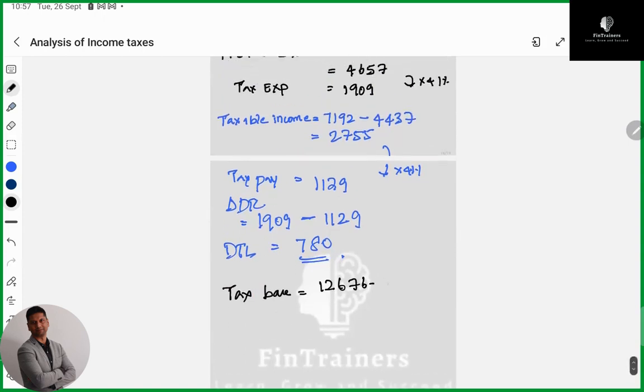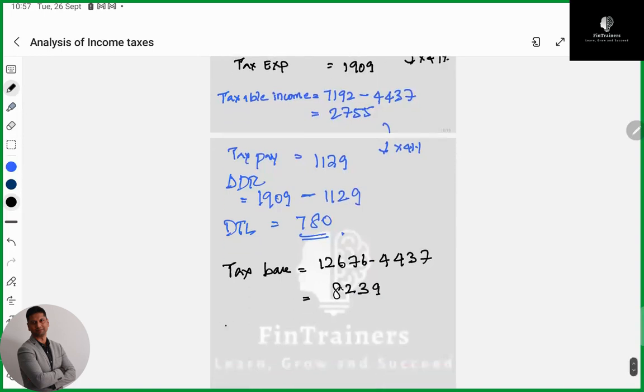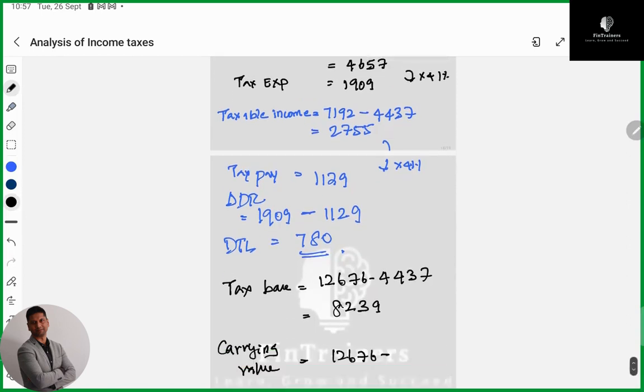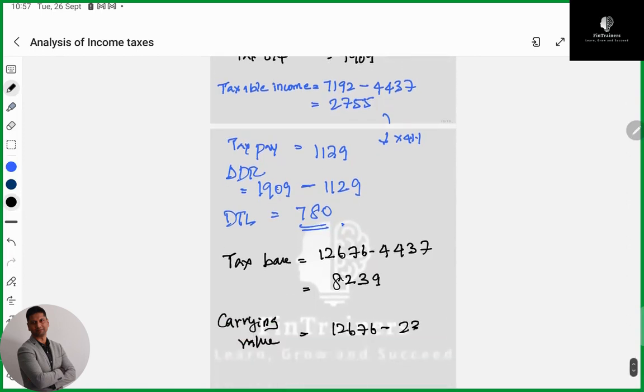We said that is 4437 as the depreciation. So that will be 12,676 minus 4437, 8239. And our carrying value in our books is 12,676 minus the SLM depreciation amount, which is 2535, which is 10,141.